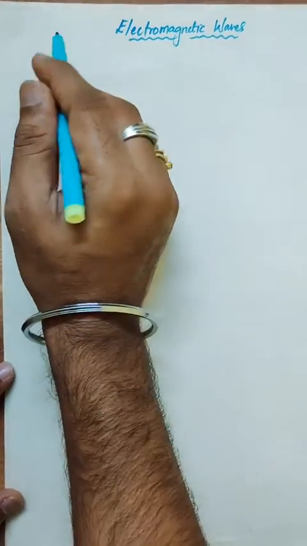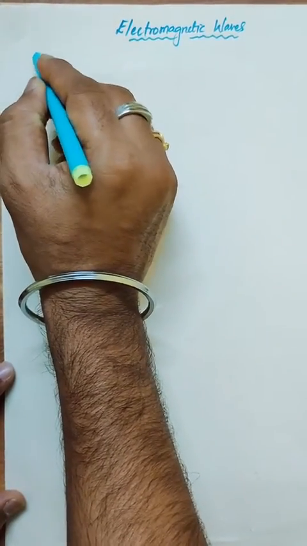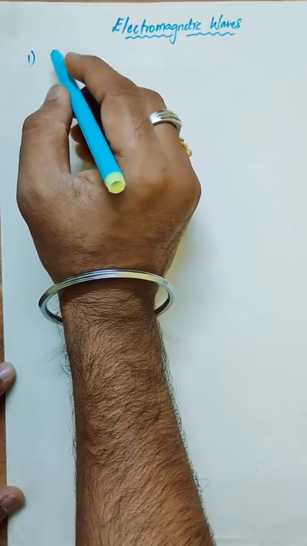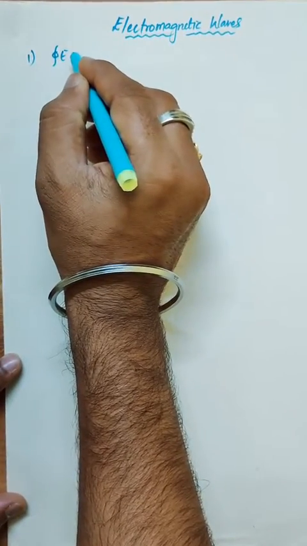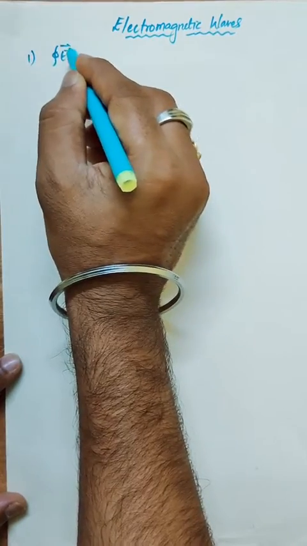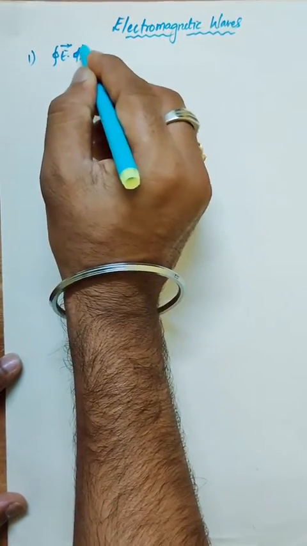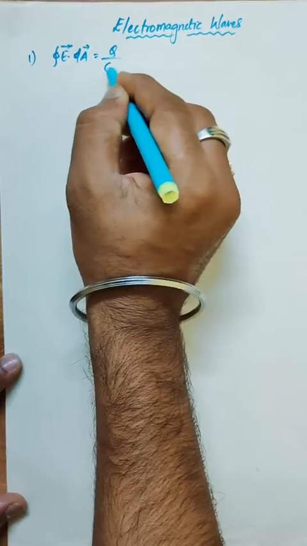First, number one, Gauss law in electrostatics: phi E is equal to E dot dA is equal to Q by epsilon naught.